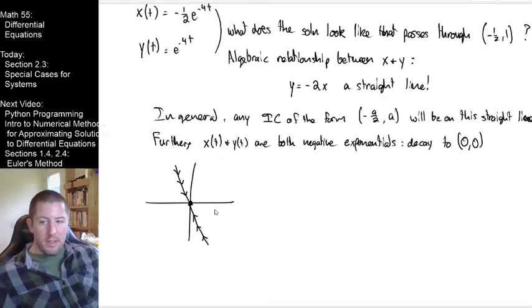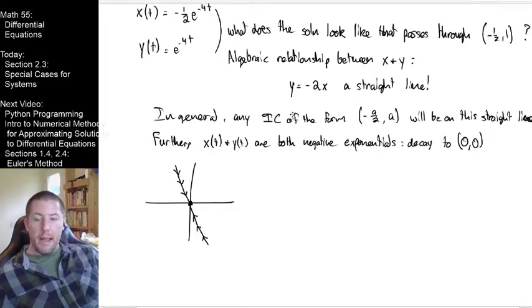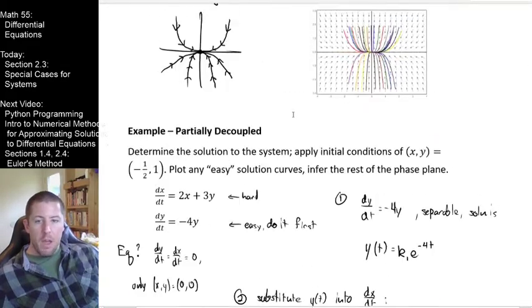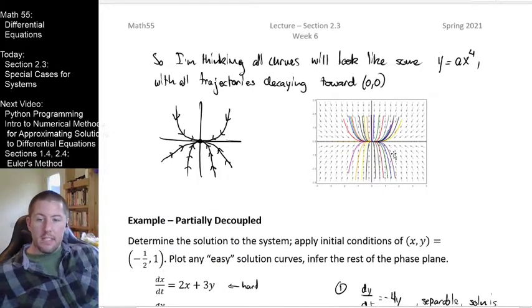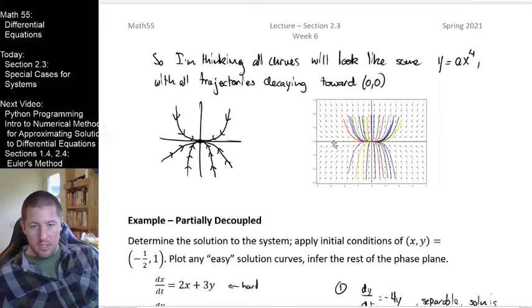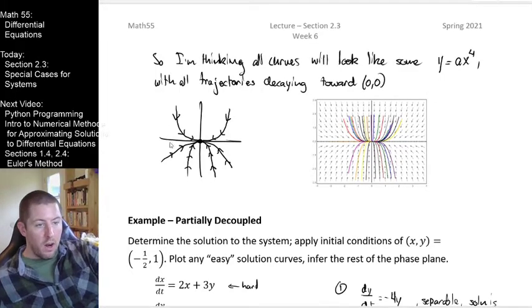And now I'm going to point out something even nicer than this. Let's scroll back up and revisit our previous example. One of the things I yelled at you about right here is saying, oh, hey, look at your x and y axes and notice that these are just the phase lines associated with the individual differential equations. We should have seen things that were decaying directly towards the origin on the x-axis and decaying directly towards the origin on the y-axis.